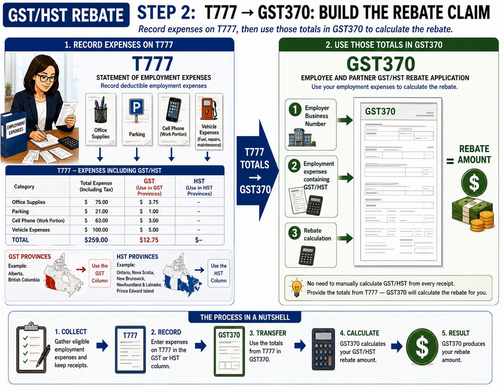The key sequence to remember is T777 records the employment expenses. GST370 calculates the GST/HST rebate. Once we have that rebate amount, the next step is to transfer it to the taxpayer's T1 return.